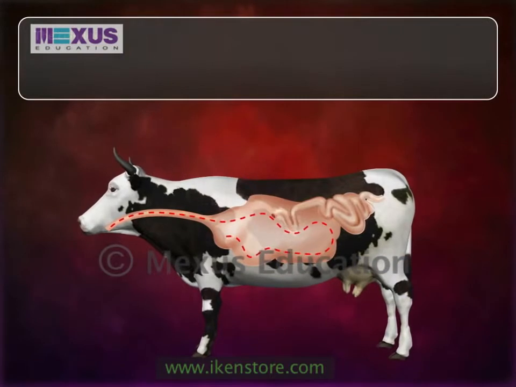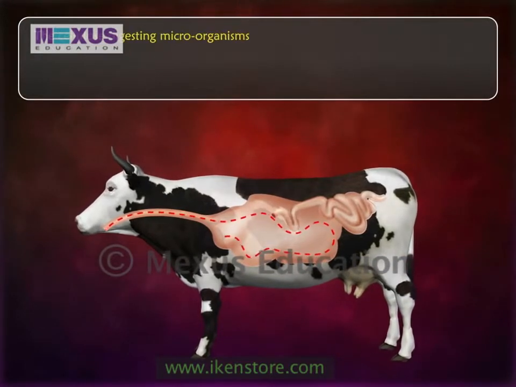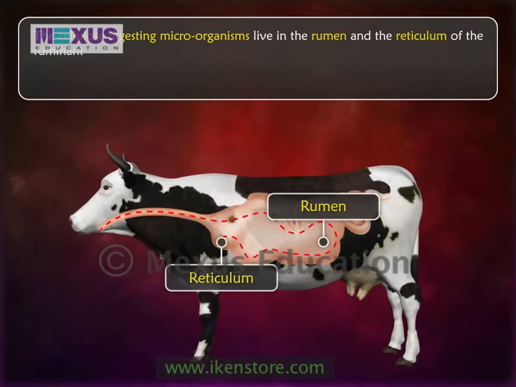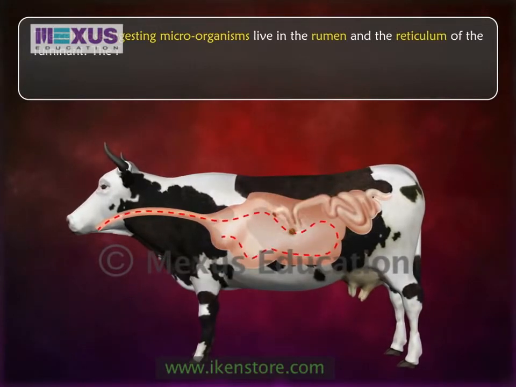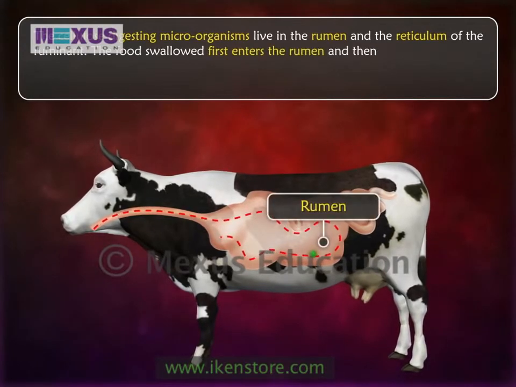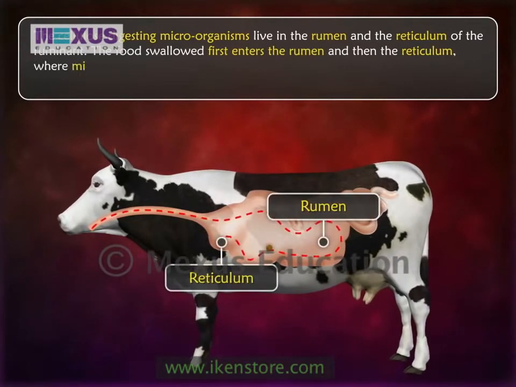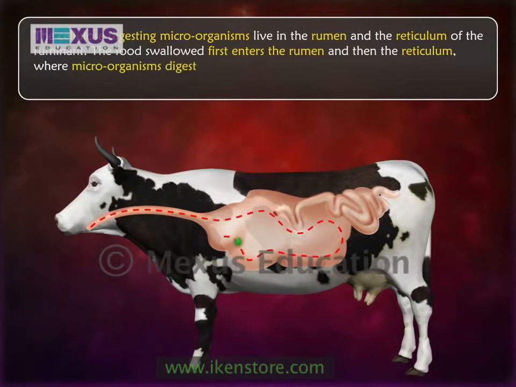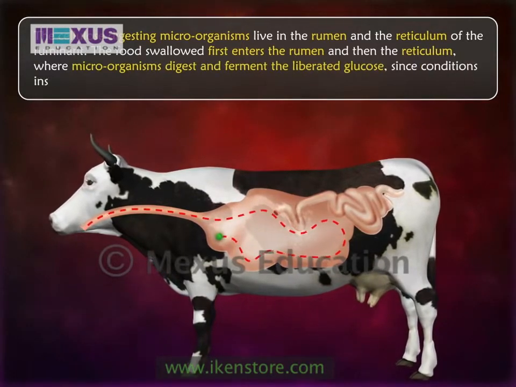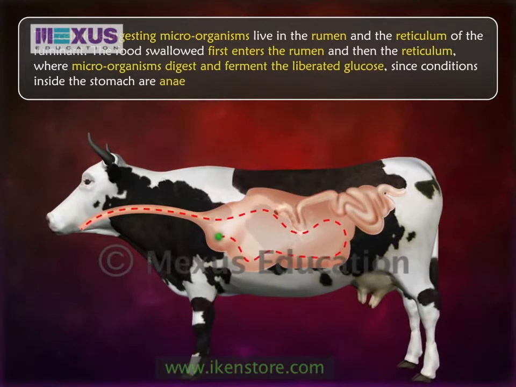The cellulose-digesting microorganisms live in the rumen and the reticulum of the ruminant. The food swallowed first enters the rumen and then the reticulum, where microorganisms digest and ferment it, liberating glucose, since conditions inside the stomachs are anaerobic.